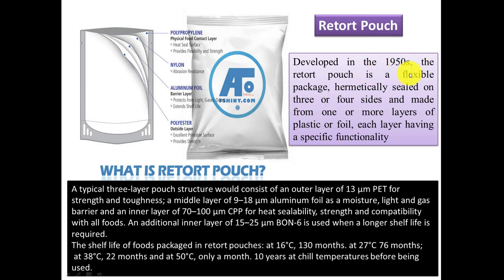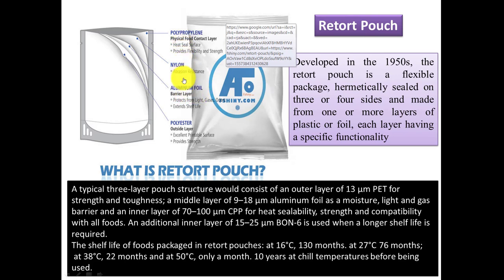The retort pouch is a flexible package, hermetically sealed on 3 or 4 sides and made from one or more layers of plastic or foil, each layer having a specific function. So here you can see the top layer is polypropylene, sometimes it is PET, then there is nylon, which you have already studied. In between there is aluminium foil.